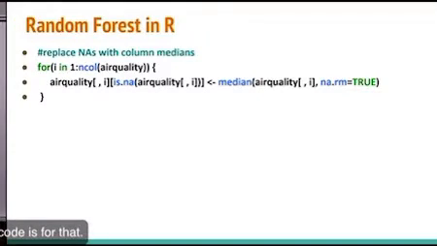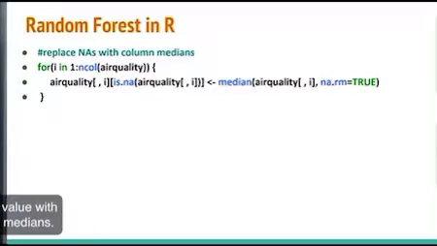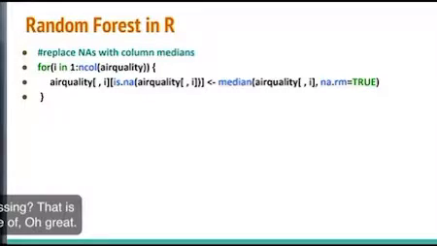Look at that, this code is for that. Replace NA, like missing values, with column medians. You get the median of the column that contains the missing value, then you put that value to replace what is missing.